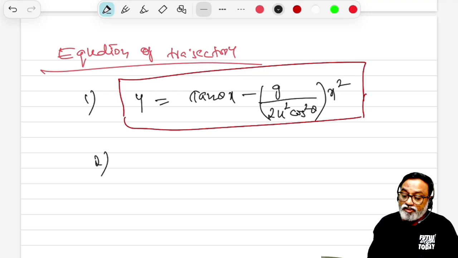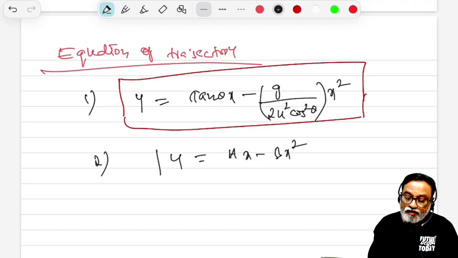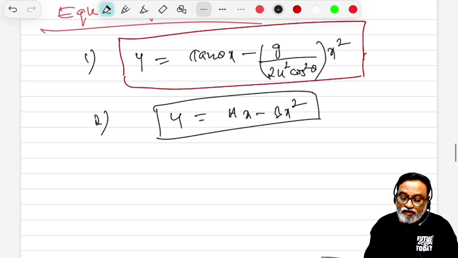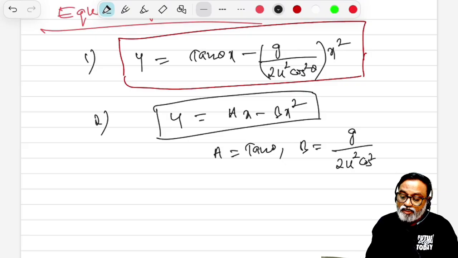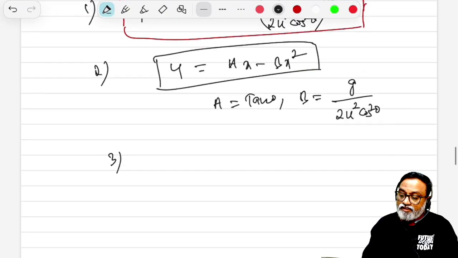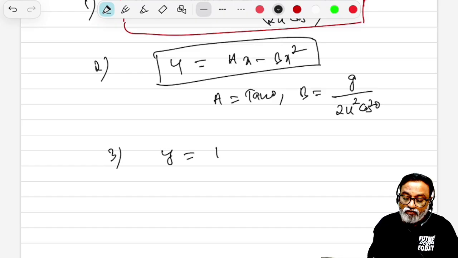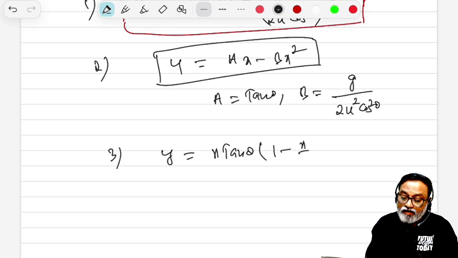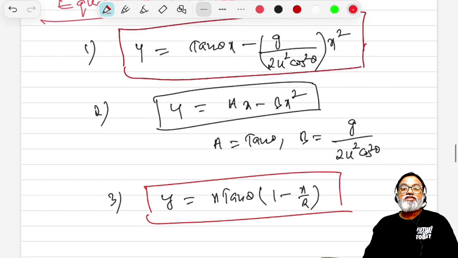And the second one, y is equal to ax minus bx square. This is also very important. Here, a is equal to tan theta and b is equal to g by 2u square cos square theta. And the third one, this is very important: y is equal to x tan theta into 1 minus x by R. These are the three equations of trajectory.